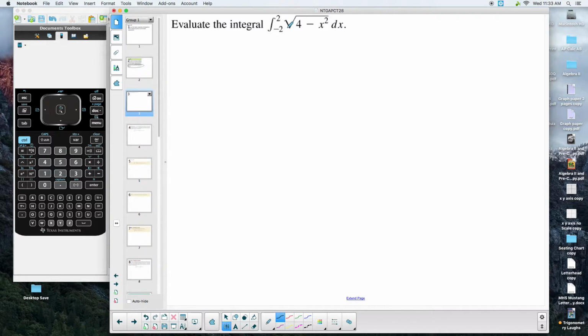All right, so let's evaluate this first. We're finding the area under the square root of 4 minus x squared with respect to x. One of the nice things about these is its area. If the shape happens to be one we know, for instance, square root of 4 minus x squared, that's a semicircle.